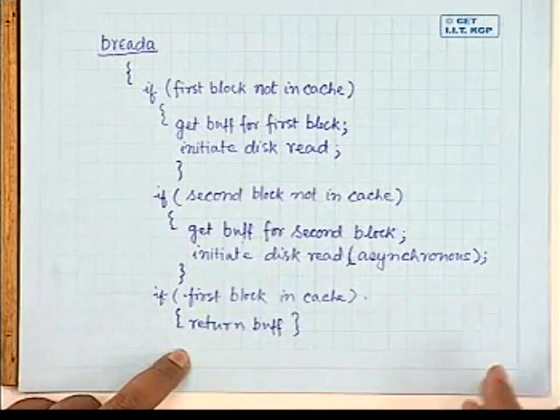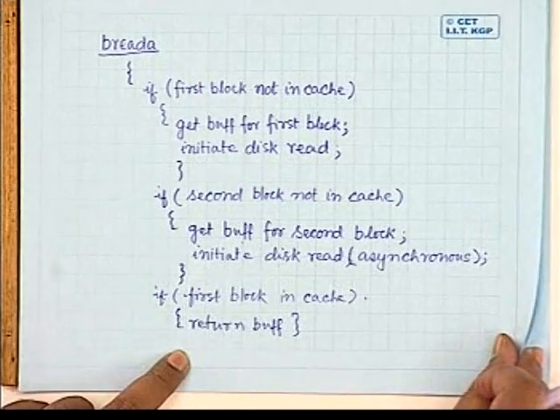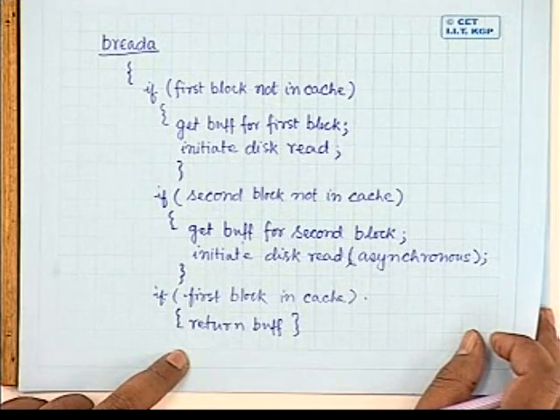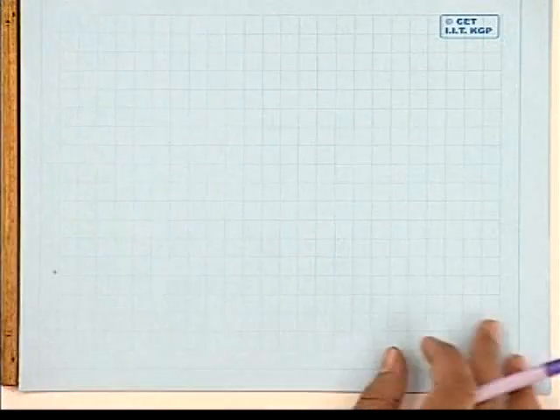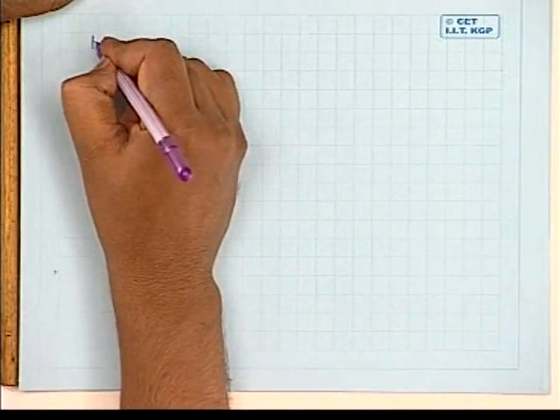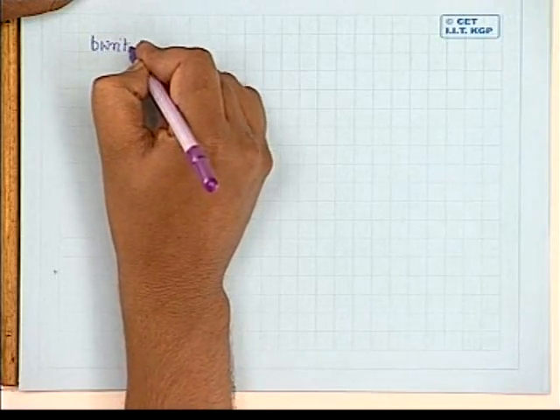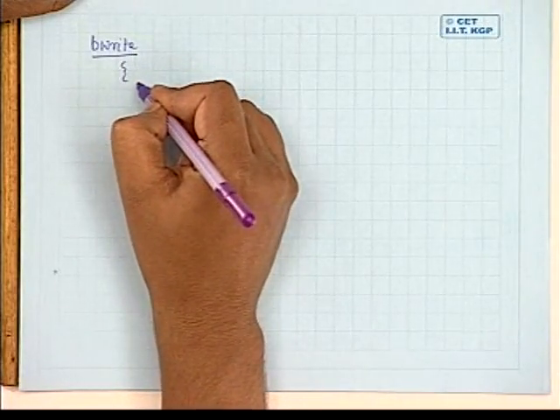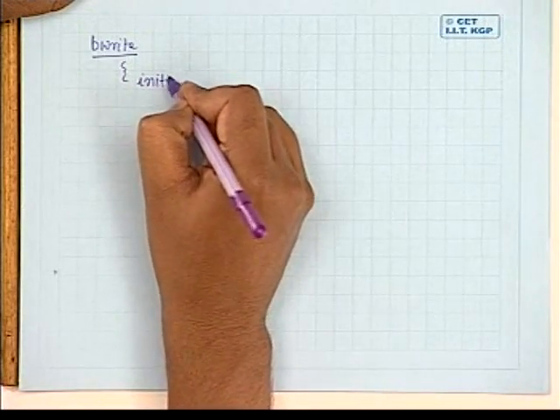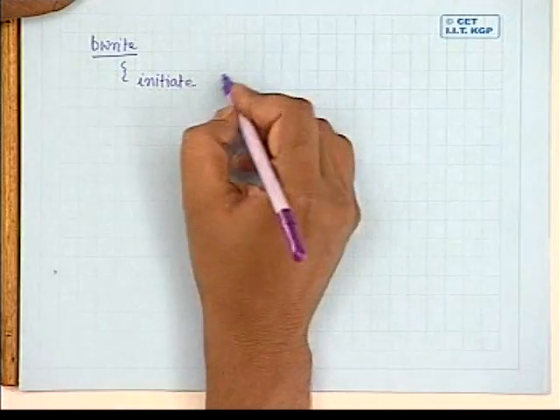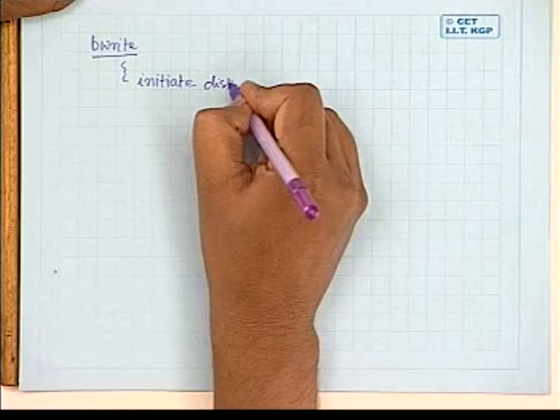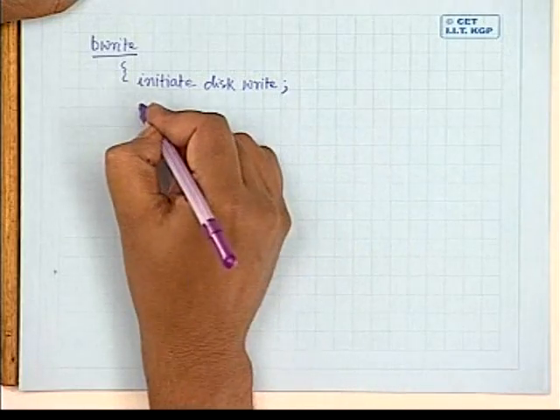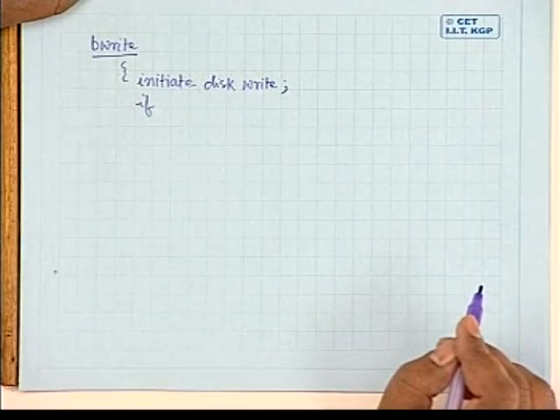Okay, as we have done all these read operations, similarly we also have to see what the operations will be for writing a block onto the disk. Accordingly we can have algorithms for block write operations. In case of block write, you simply initiate disk write, then you check whether this write operation is synchronous or asynchronous.